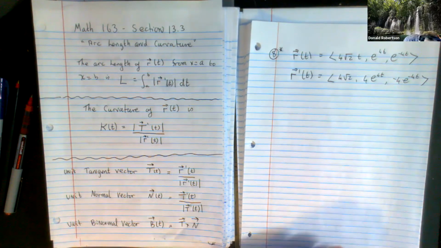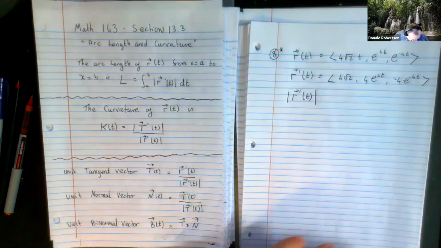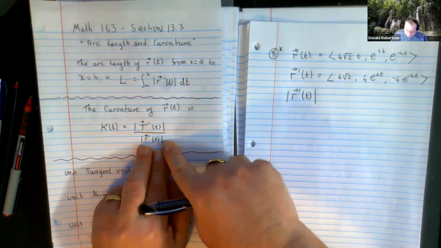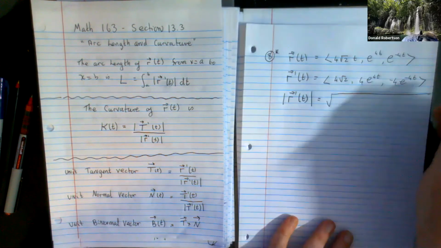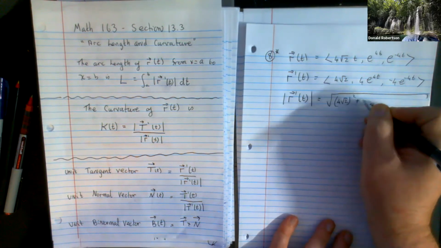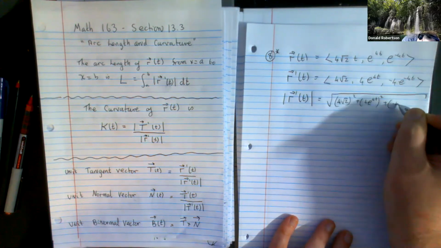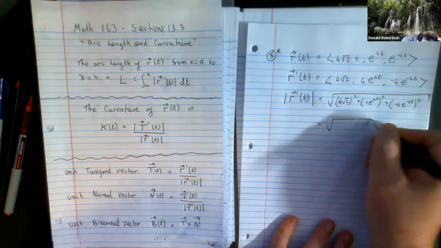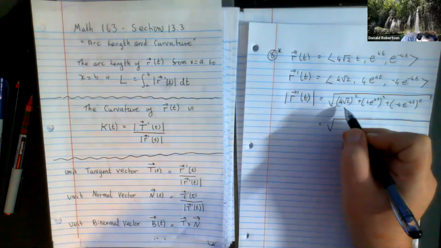And now we're going to find the magnitude of that guy, because that's the guy that's going to go in the bottom, right? So we're getting that guy. It's going to be the square root of this guy squared plus this guy squared plus this guy squared. 4 root 2 times another 4 root 2 is 16 times 2, it's 32.